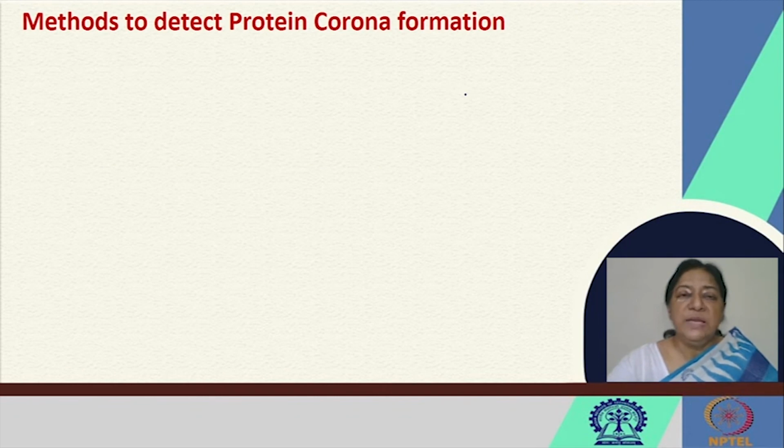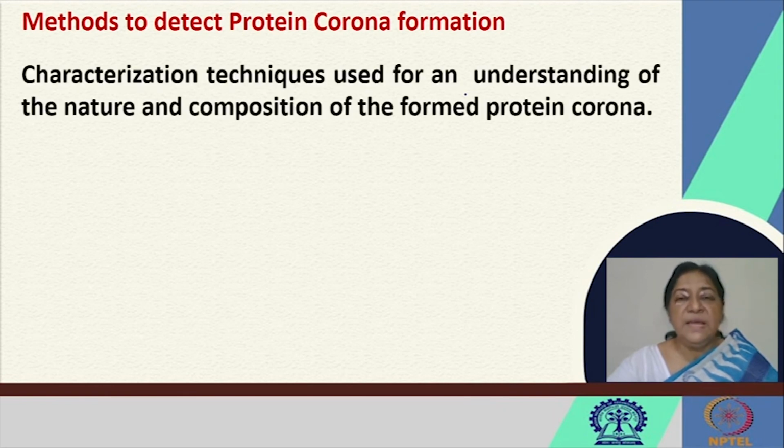If we want to find methods to detect the protein corona formation, to understand whether the protein has interacted with the specific nanoparticle, then there are specific characterization techniques that are used for an understanding of the nature and composition of the formed protein corona.